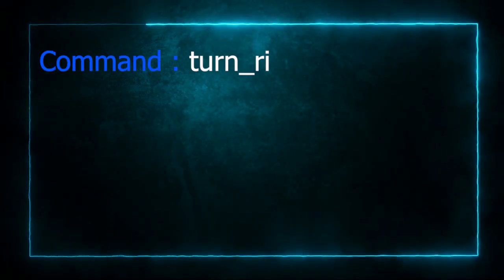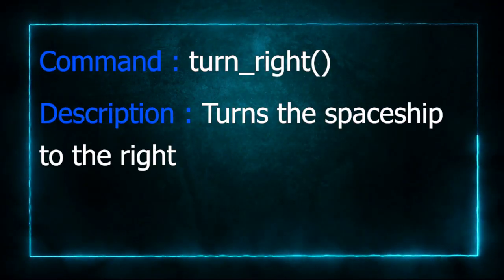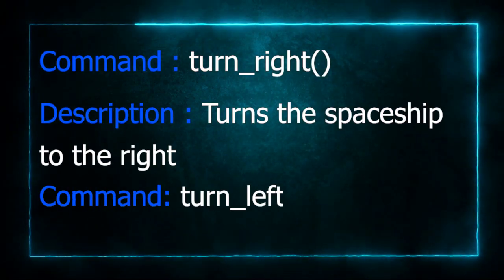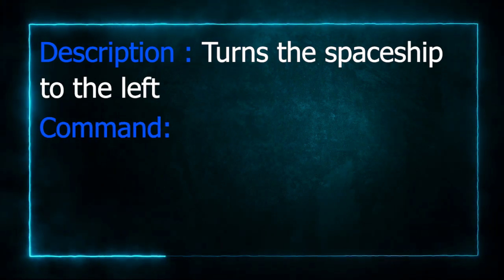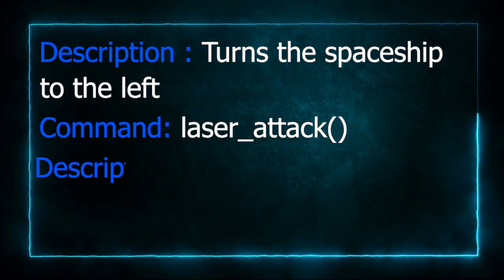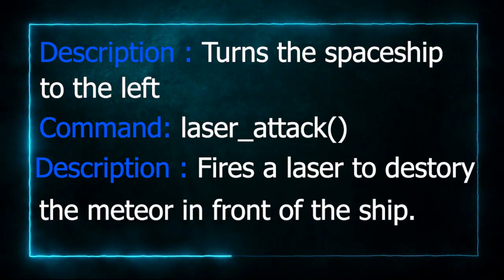Command: turn right. Description: turns the spaceship to the right. Command: turn left. Description: turns the spaceship to the left. Command: laser attack. Description: fires a laser to destroy the meteor in front of the ship.